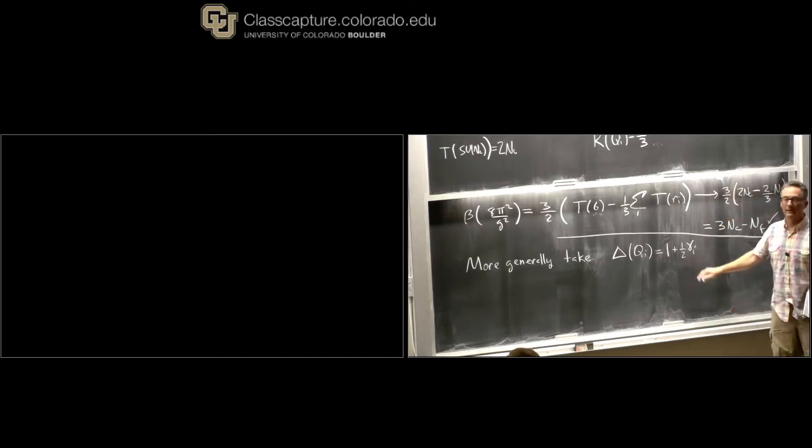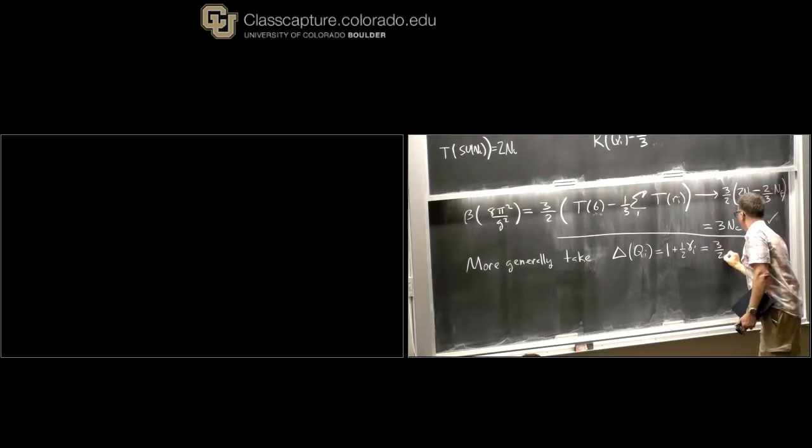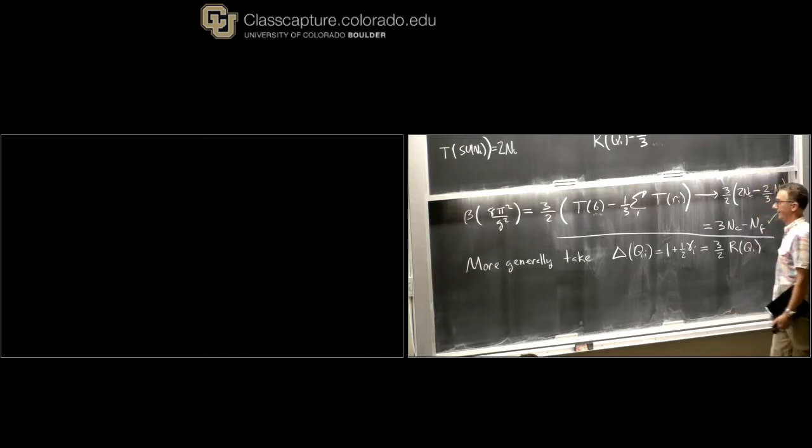Sometimes people call it the anomalous dimension, or sometimes 1/2. I'll call it 1/2 times the anomalous dimension. And then I'll set that equal to 3/2 times the R charge of Qi. So in general this thing can get some anomalous dimension, and I'll identify that as the R charge by the same relation between operator dimension and charges.